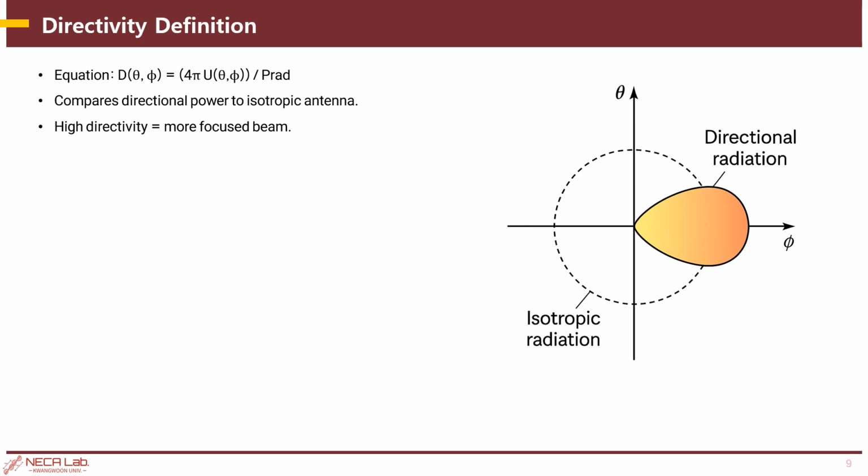A higher directivity means a narrower and more focused beam, which is important for applications like radar and point-to-point communications. Here the diagram illustrates this concept. The isotropic radiation is shown as a circle, while the directional radiation is shaped like a lobe, indicating more energy radiated in certain directions.